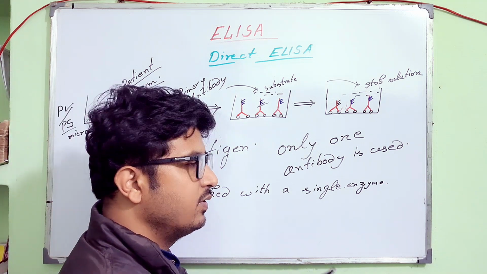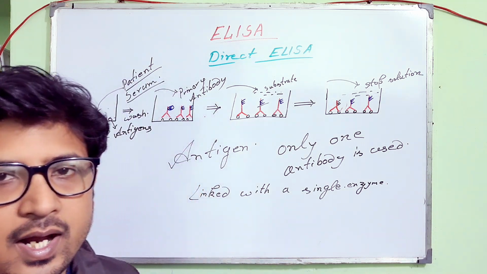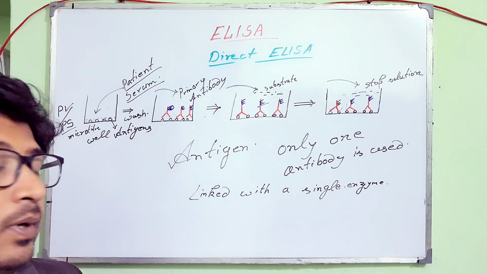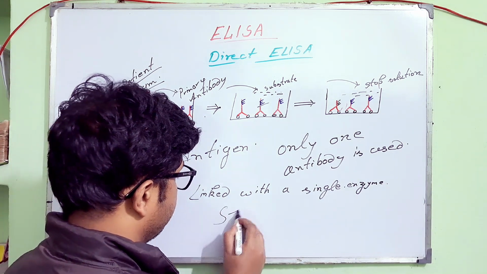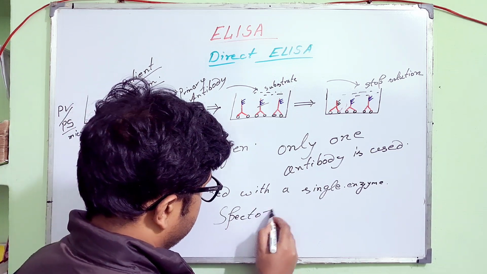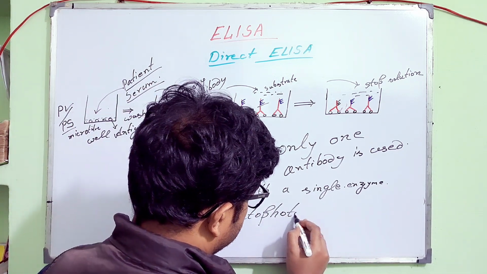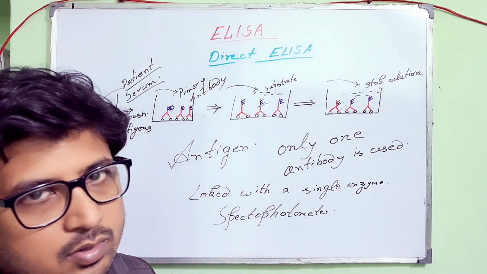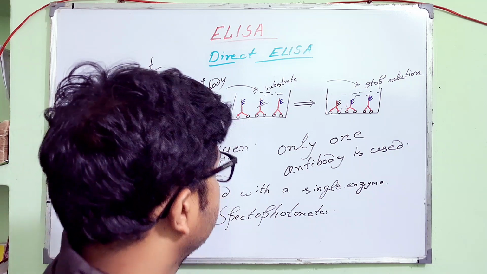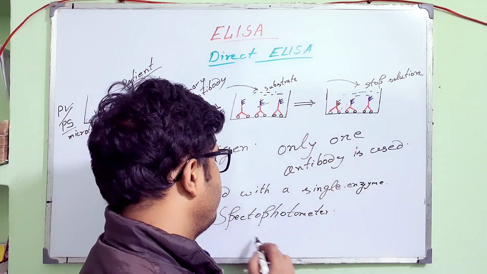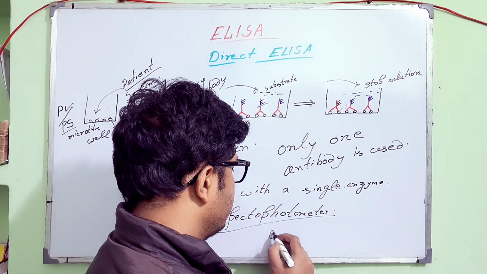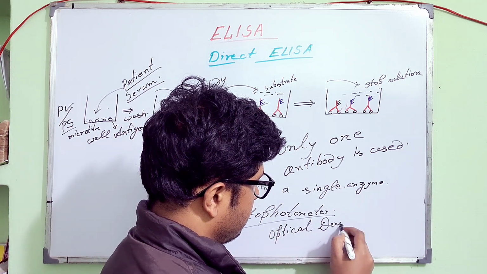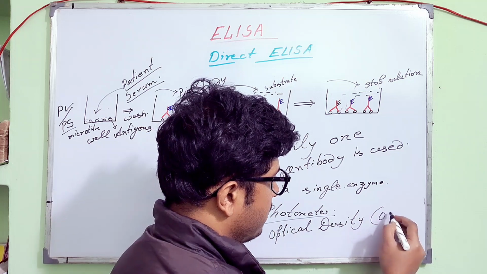So if the patient serum is positive for the antigen, the product will form and it will give you a color which will be measured by spectrophotometer or colorimetric assay. So this color formation will be measured by spectrophotometer in the sense of optical density, or OD values.